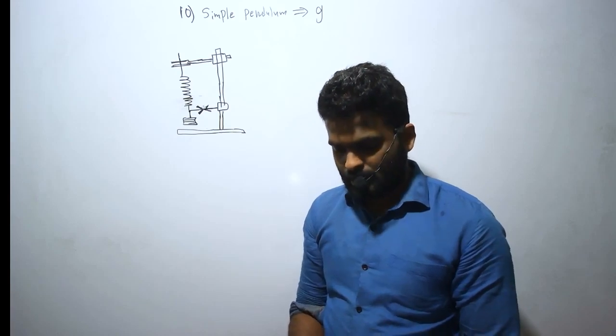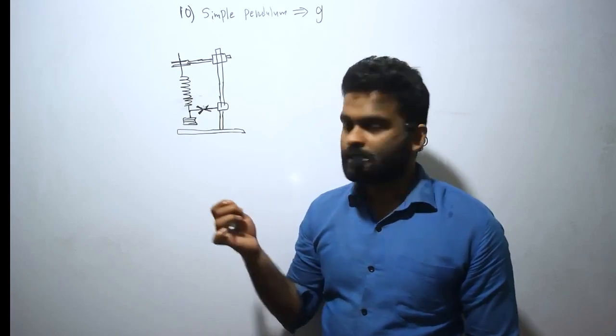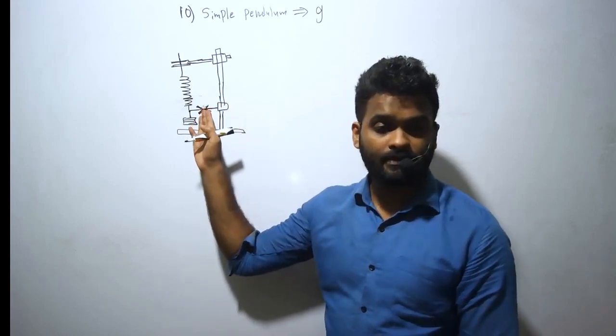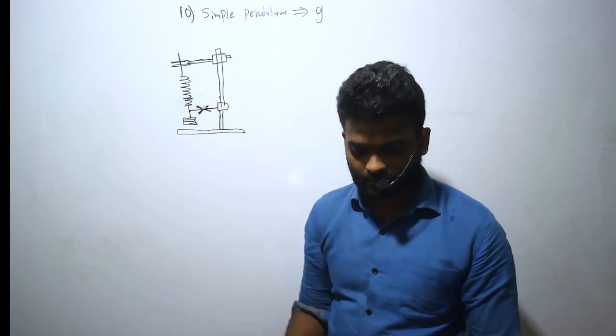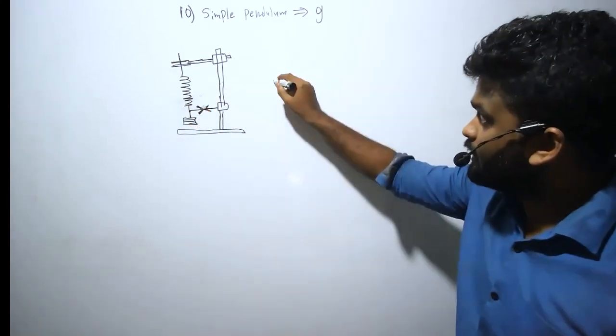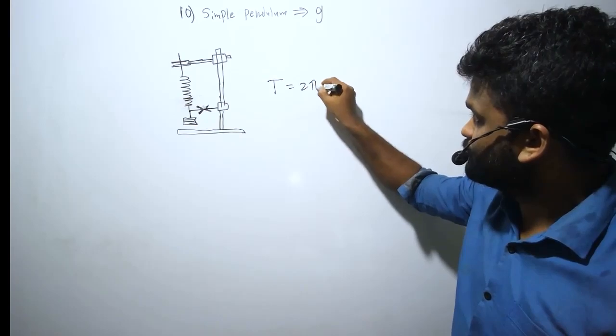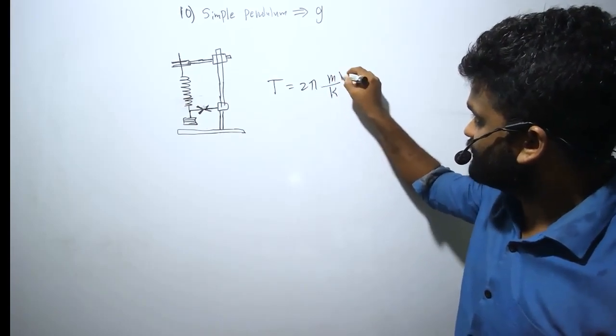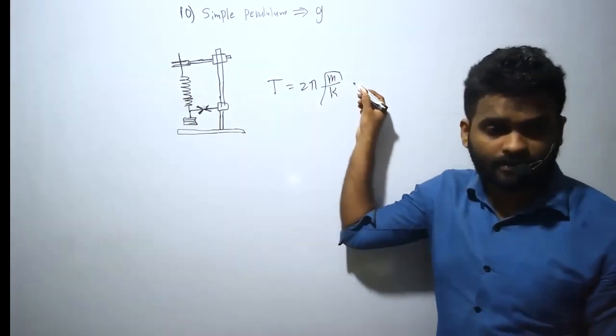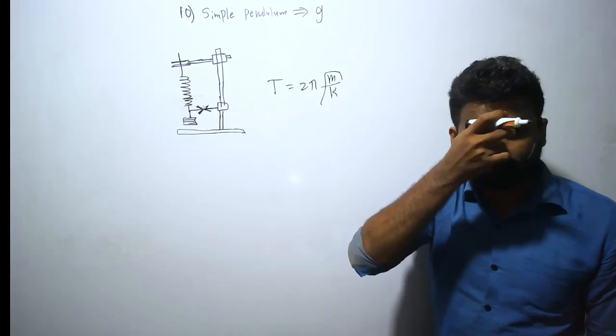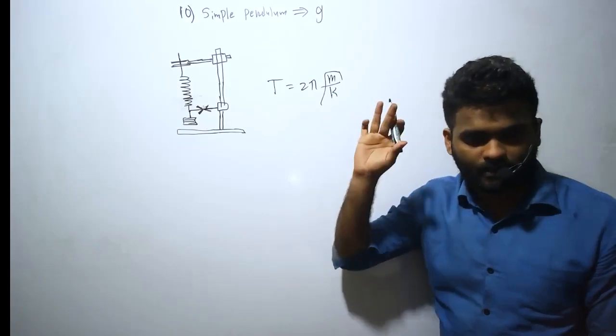So do you remember the time period for this one? This equation, T equals 2 pi root of m divided by k. K is spring constant. If you don't remember, take those down.